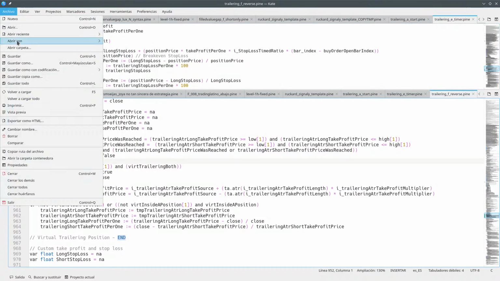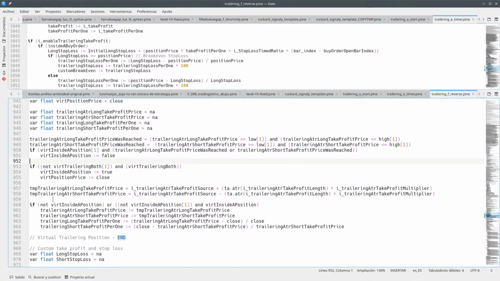But the question is, oh my god, let me see. We should take into account what happens when the take profit is reached, and whatever the reason is, the next position is true.